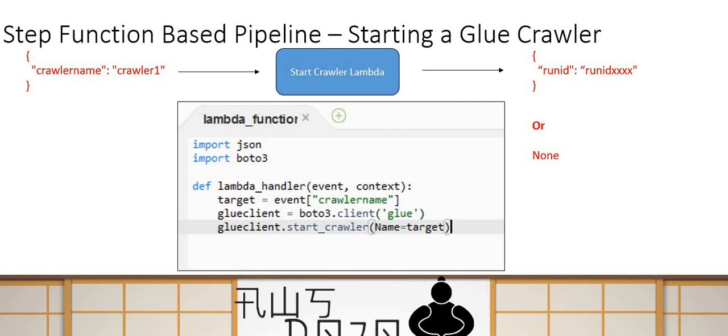It could be very useful information to get more details about that crawler execution. So the choice is yours depending on your business logic. Either you want to get the run ID back so that you can use it for any further query, or you simply decide to say, no, I'm not going to get any output back.